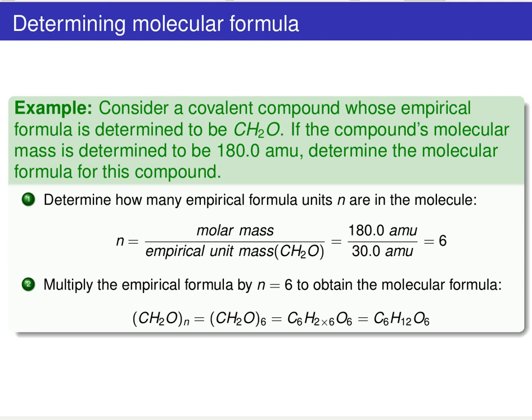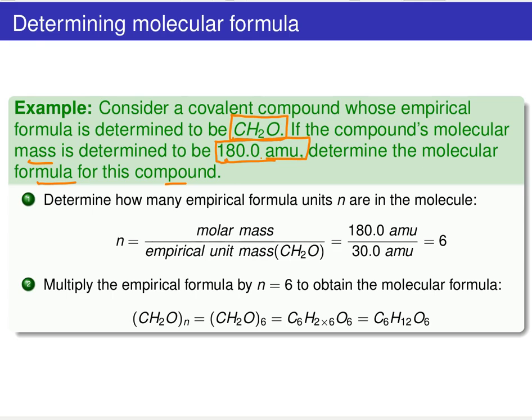Okay, so in this example, we're going to consider a covalent compound whose empirical formula is determined to be CH2O. If the compound's molecular mass is determined to be 180 AMU, I want you to determine the molecular formula of this compound. So what are we given here? We're given the empirical formula, CH2O, and we've determined the mass of that compound.